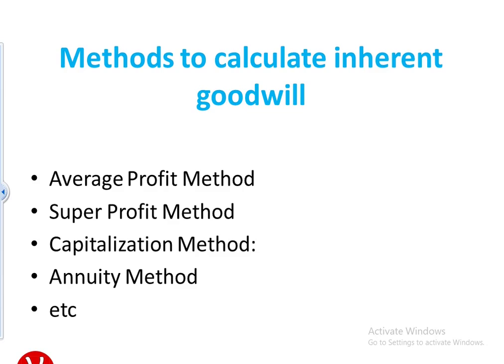We don't have to learn all that because in our examination, if there's an inherent goodwill, they will give us the amount. So before we admit the partner, this is the amount of goodwill the business has, or before the retirement of an existing partner, this is the amount of goodwill we calculated for the business.